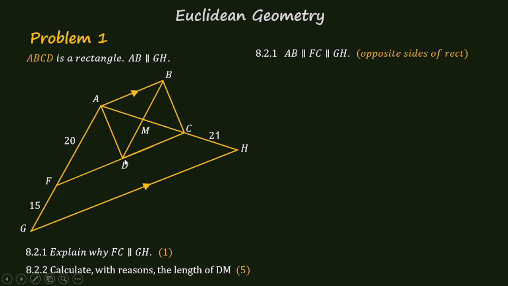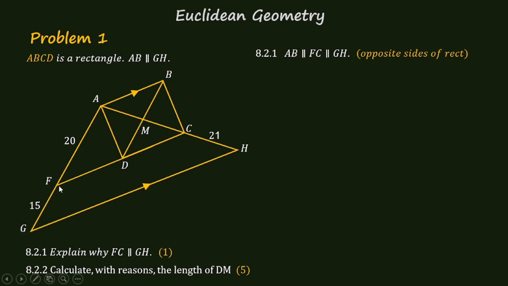Let's start with triangle AGH. In triangle AGH, we know from what we've just shown that FC is parallel to GH. We can use the proportion theorem to express the sides of triangle AGH as equal ratios.